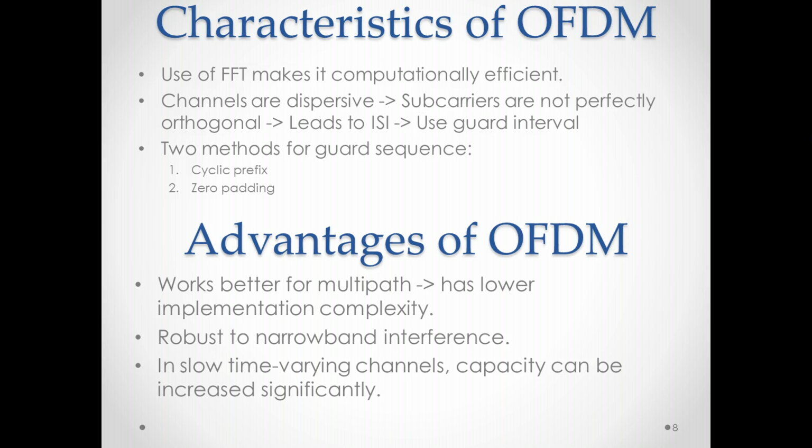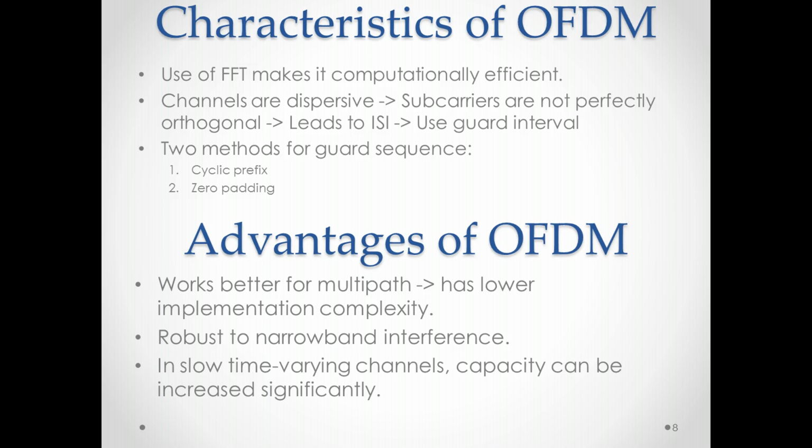Moving on, let's discuss the characteristics of the OFDM system. We already spoke before that the use of the FFT makes it computationally efficient. And as the channels are dispersive, the subcarriers are not perfectly orthogonal, which leads to intersymbol interference again. The solution is to use a guard interval.